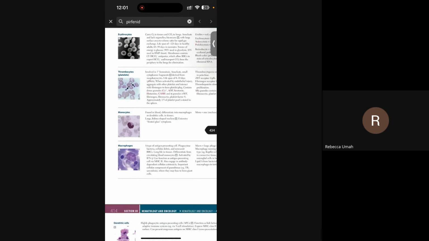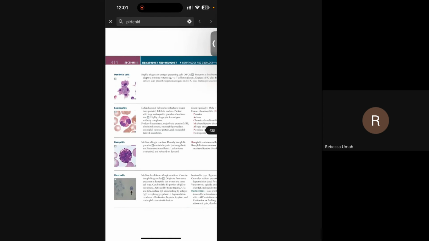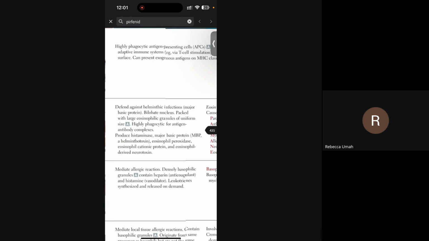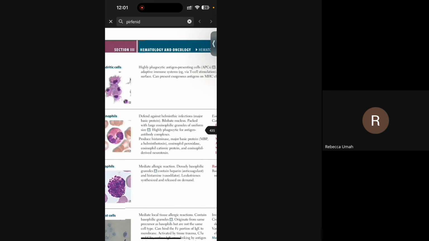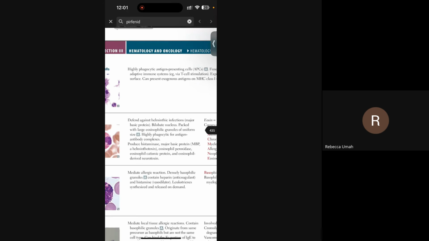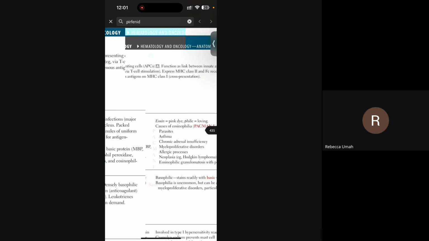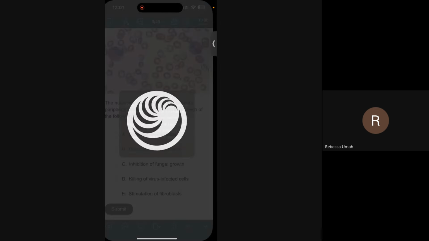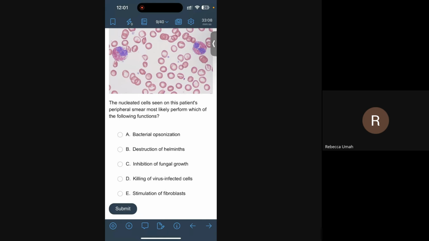Now comes the eosinophils. They have a bilobed nucleus and are large granulocytes. Their function is to defend against helminthic, parasitic infections. They work against parasites, asthma, and allergic processes. Now coming back, which one will be the answer here?